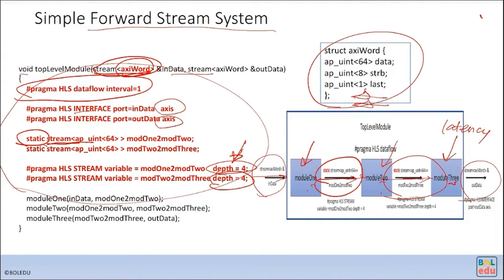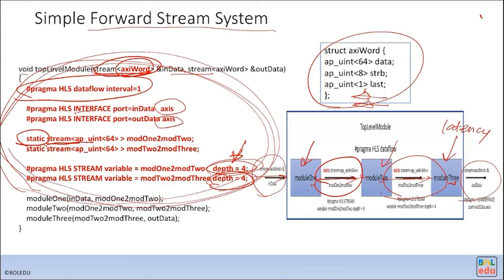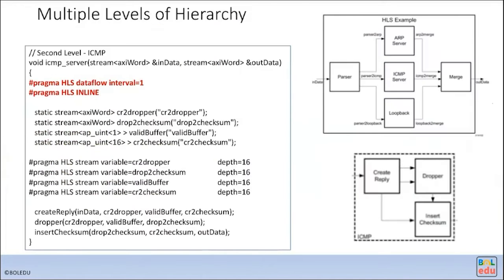This is a simple forward case, but there might be reconvergence, and later we will see this case. Oftentimes you need to specify a proper depth, otherwise the system won't run efficiently, and I will also show an example later. So that's the basic canonical, standard form to construct multiple modules that run in a data flow.